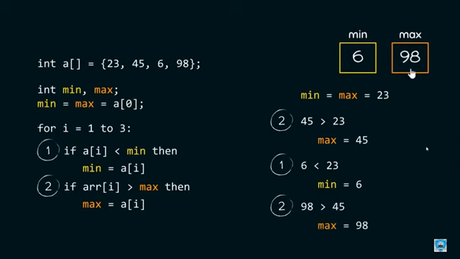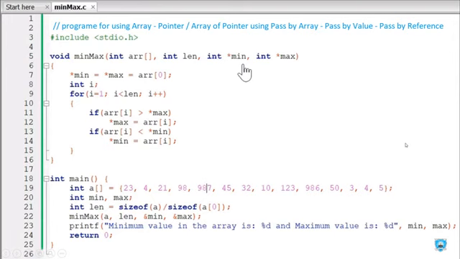You can see that from this array elements 23, 45, 6 and 98, I get the smallest value, minimum 6, in the minimum variable and maximum value 98 in my maximum variable. So it's a very simple technique where you can find the minimum value and maximum value. Let me move ahead and find out something nice.